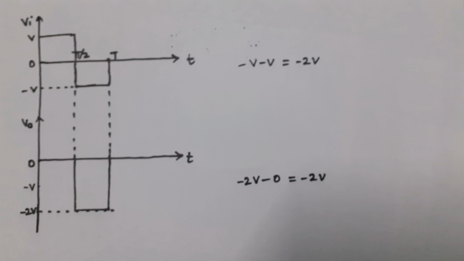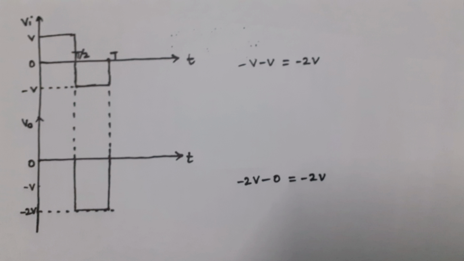So the total level difference is the same, but initially we had minus V to V, and finally in the output we have minus 2V to 0. So this is how a clamper circuit works, and the main thing to remember here is that root mean square values remain the same, but the peak value changes.